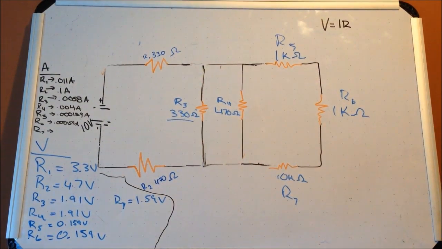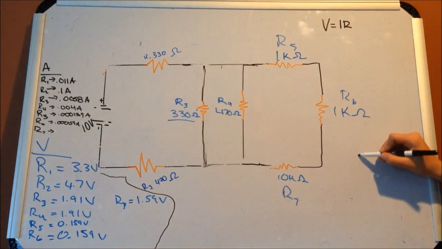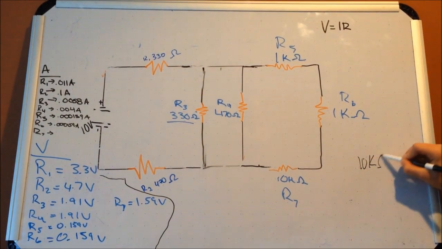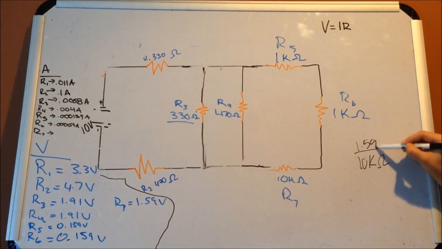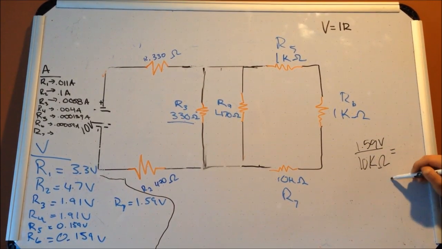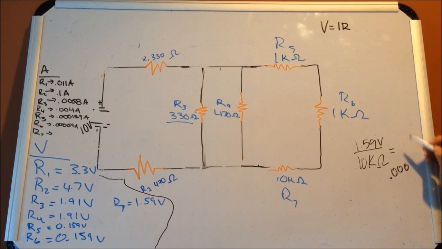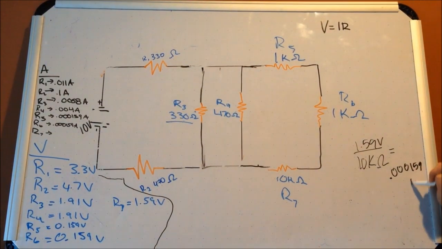Now for R7, we simply put 1.59 volts divided by 10K ohms, which equals 0.000159 amperes.